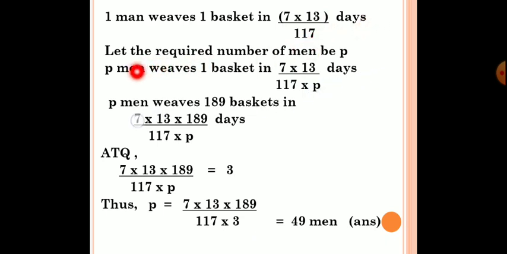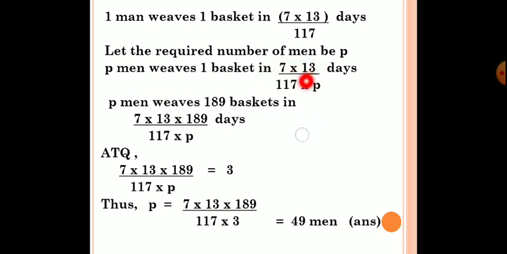Now let us assume that the required number of men be P, because they have asked in the question to find out the number of men to weave 189 baskets in 3 days. So let the required number of men be P. So P men weave one basket in, if the number of men has increased, the number of days will decrease.